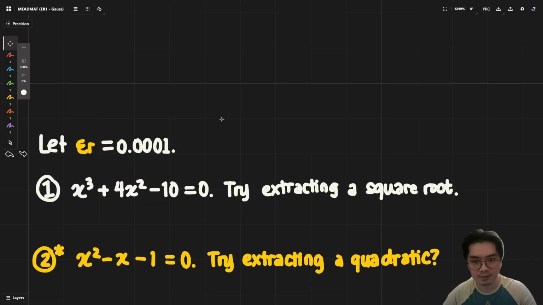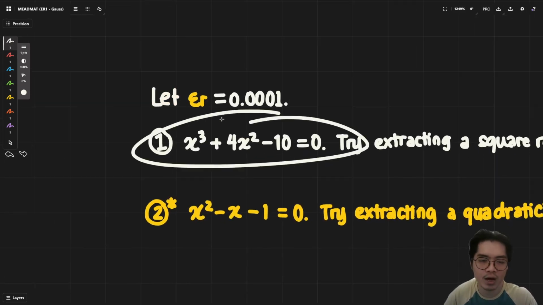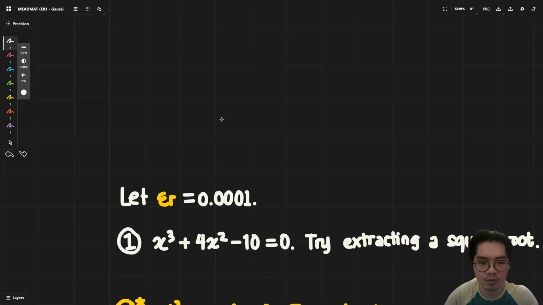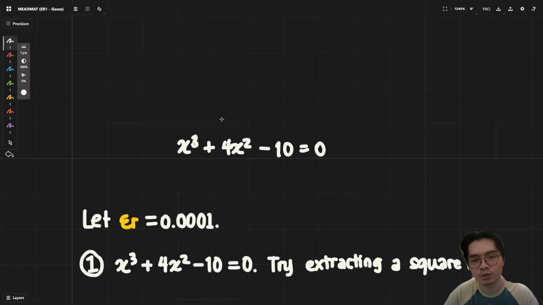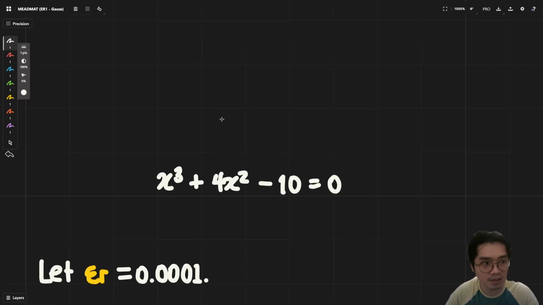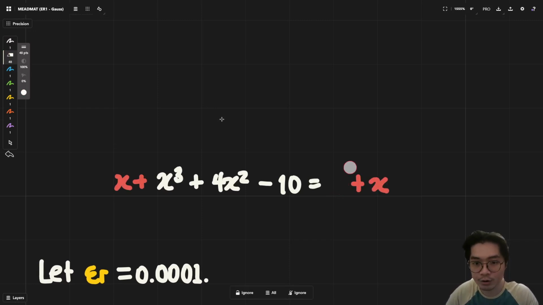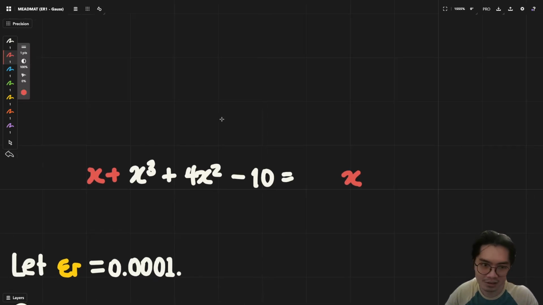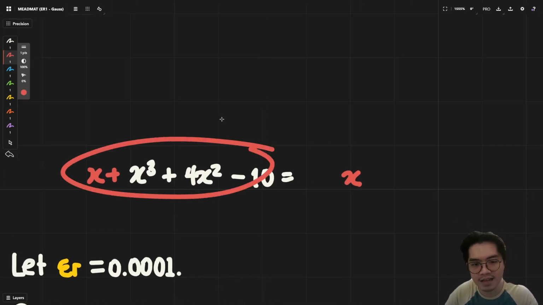So something like this. If, for example, we have number 1, x cubed minus 4x squared plus 10 is equal to 0, let me just rewrite that here. What you can do is something as easy as adding x to both sides. Technically, you're already okay with this. This is already your g of x, if that is the case.